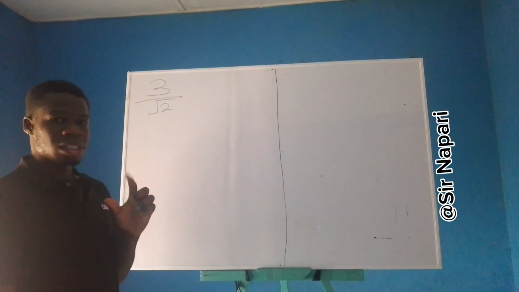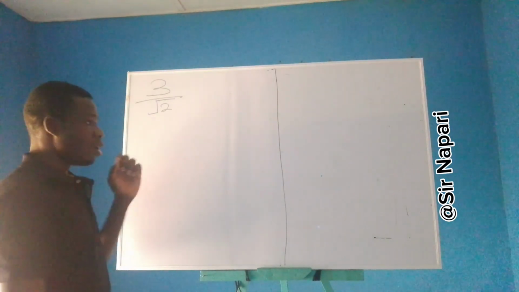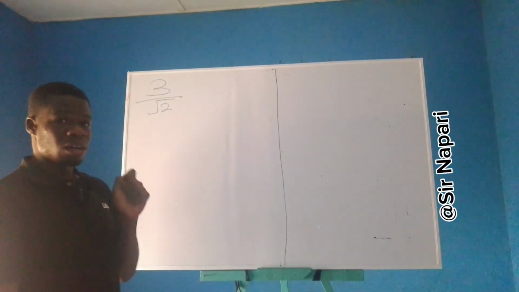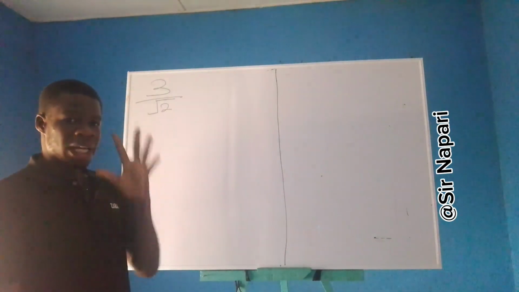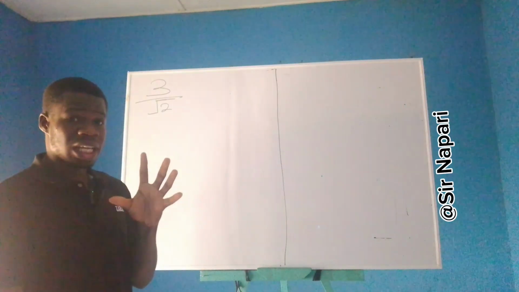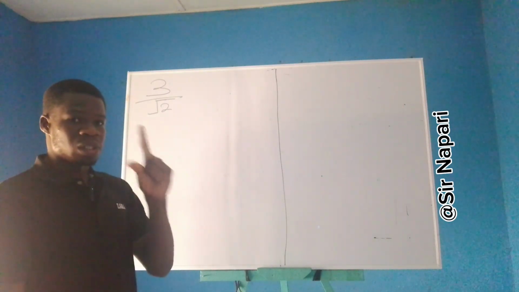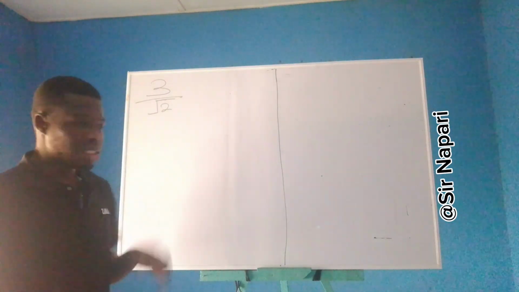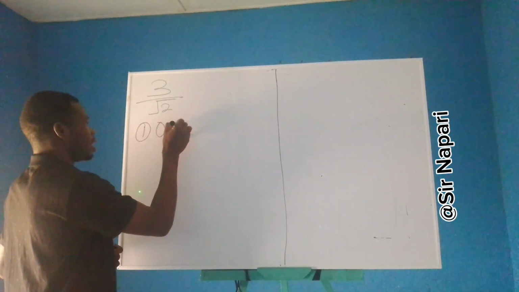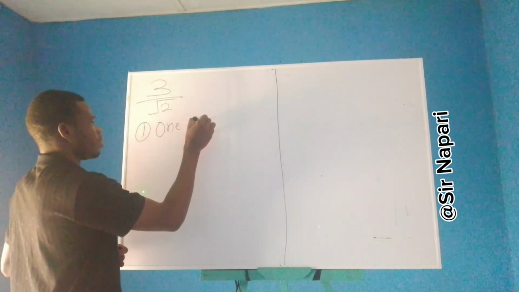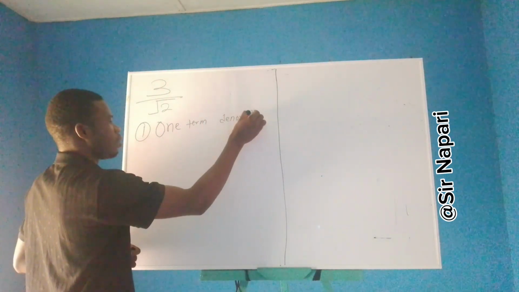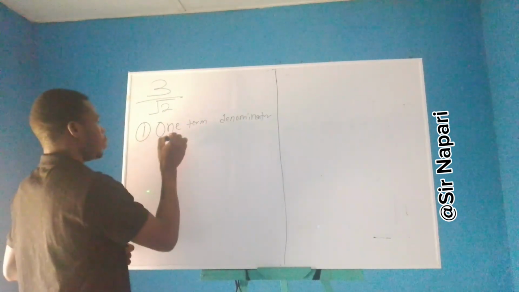Rationalization simply means the elimination or the removal of a surd from the denominator of a fraction. And by the end of this lesson, you will be able to rationalize 2 types of denominators. One is a 1-term denominator, called monomial.